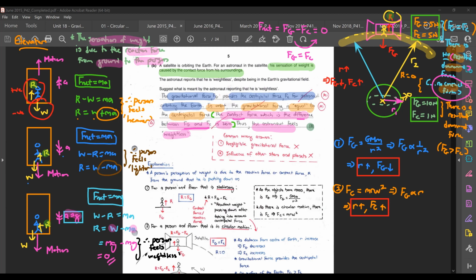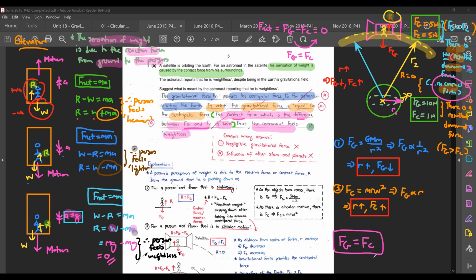Now, in a lot of your gravitational field questions that you have done so far, notice that for those questions, you had always said that Fg is equals to Fc in order to do your questions.